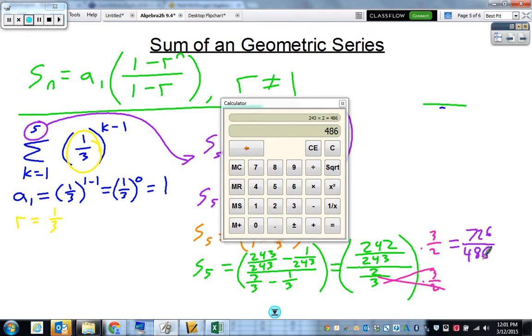Now I could simplify this fraction some. It's not going to simplify completely, but I can simplify it some. Or I can just say 726 divided by 486, and we'll round to a couple decimal places. This is approximately 1.49. So you can give it to me as a fraction or rounded to a decimal.